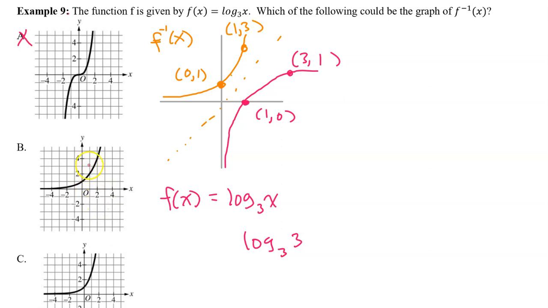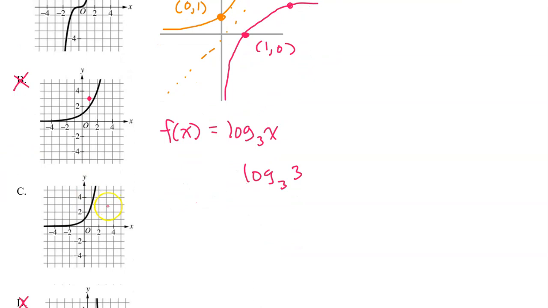So the point (1, 3) is not on this graph. However, the point (1, 3), there it is, right on the curve. So the answer is C.